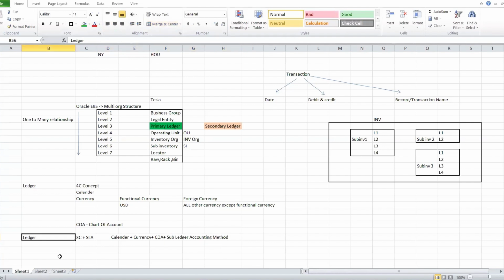And then this ledger can be tagged with the operating unit or inventory org and all those things, right? So this is all about the multi-org structure.